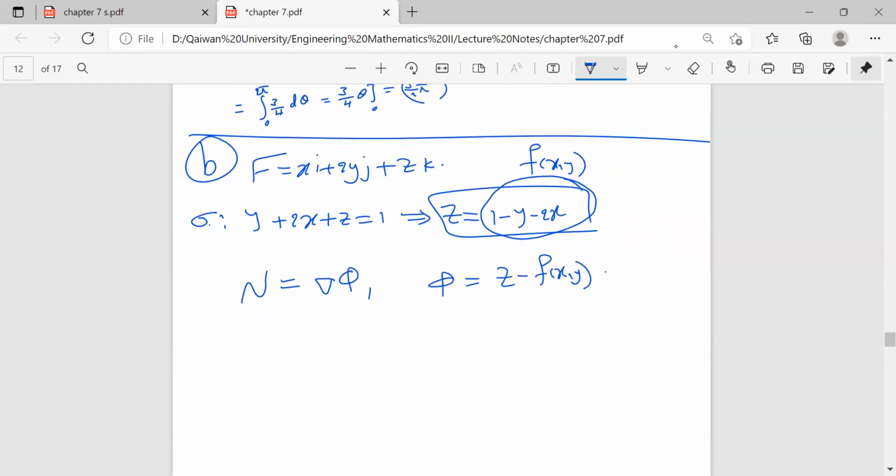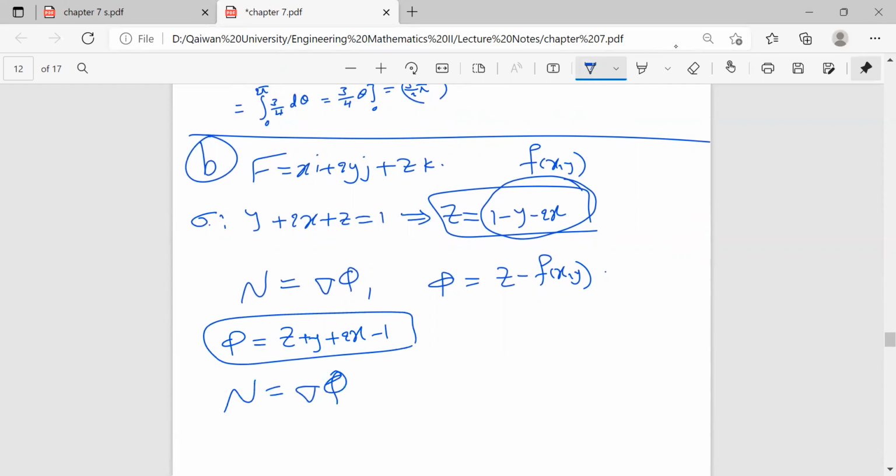Now, here we say phi of xyz equals z plus y plus 2x minus 1. This is phi. Then n equals grad phi, which equals phi sub x i plus phi sub y j plus phi sub z k. That's all.